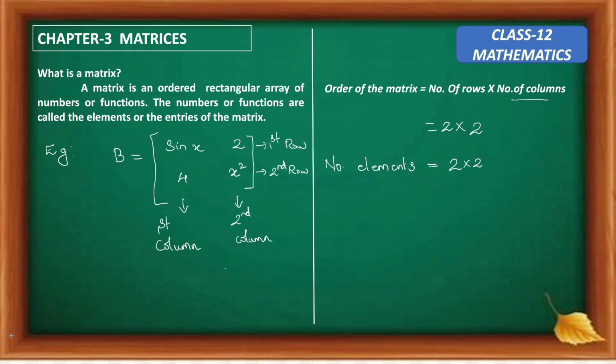Just multiply the number of rows, 2, and the number of columns, also 2. 2 into 2 is 4. You can see in here a total of 4 elements, that is sin x, 2, 4 and x square.